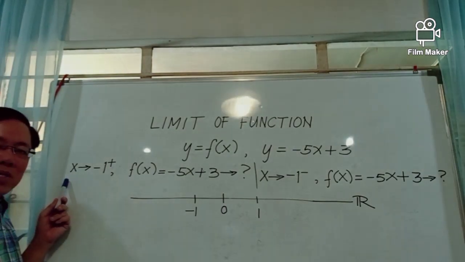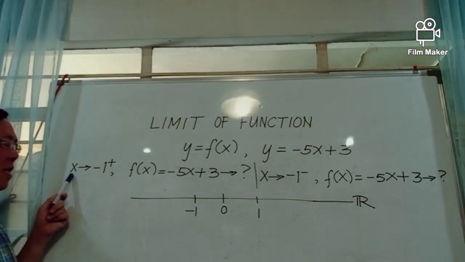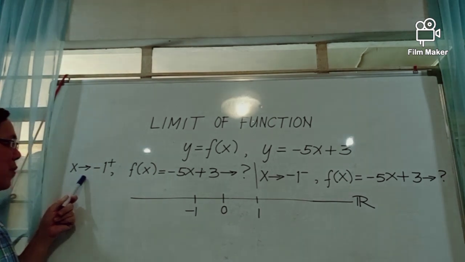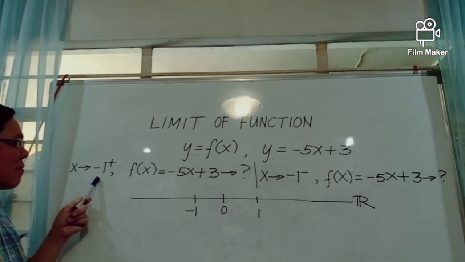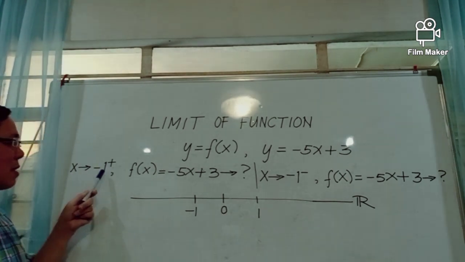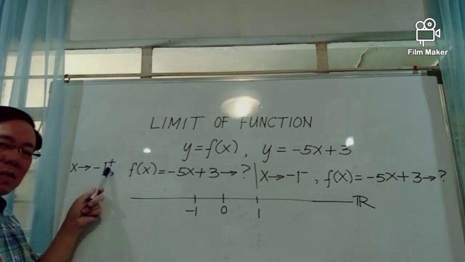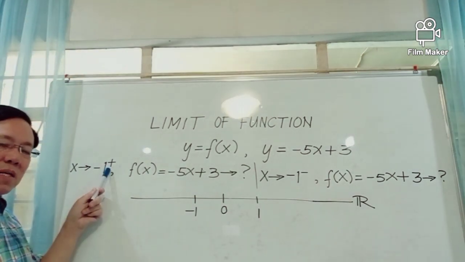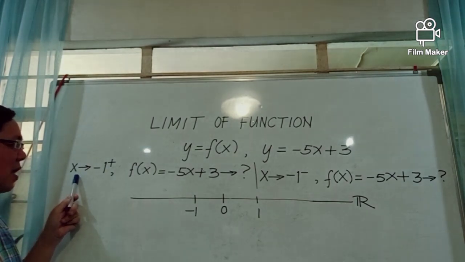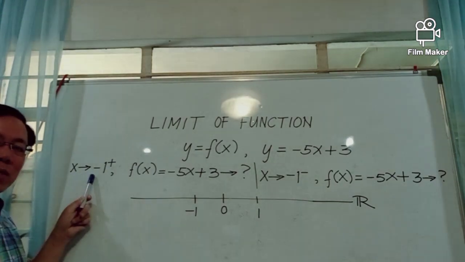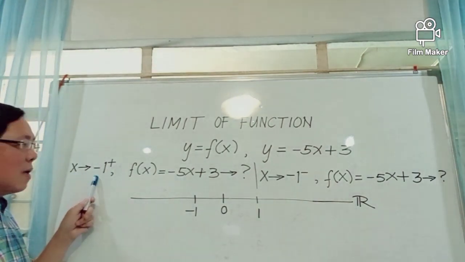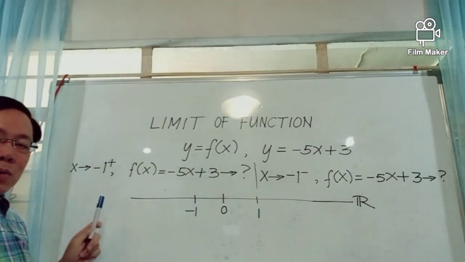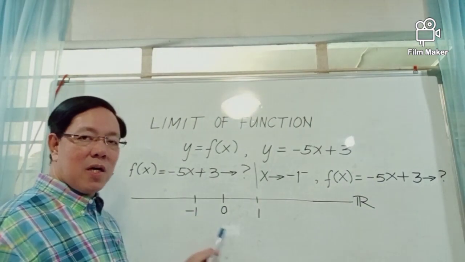For the first part of our investigation, we let x approach negative 1 from the right. The exponent positive here means that we will take values of x that are getting closer and closer to negative 1 for those values of x to the right of negative 1.